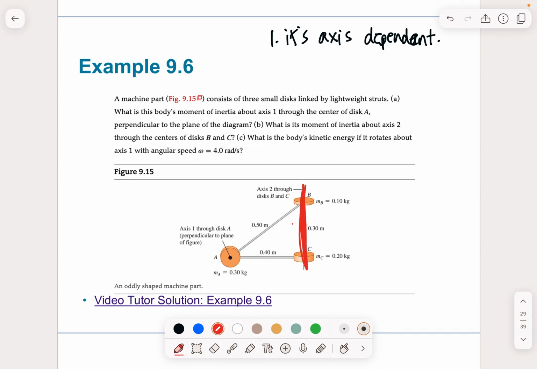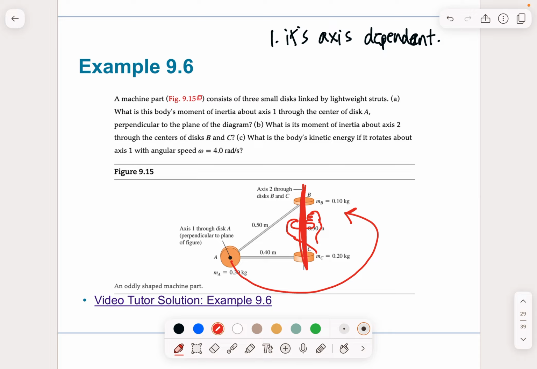Okay, what if I'm holding on to this with my hand, with my claw, right? And then I'm allowing this guy A to rotate, okay? This apparatus has two, if not more, moments of inertia, right?